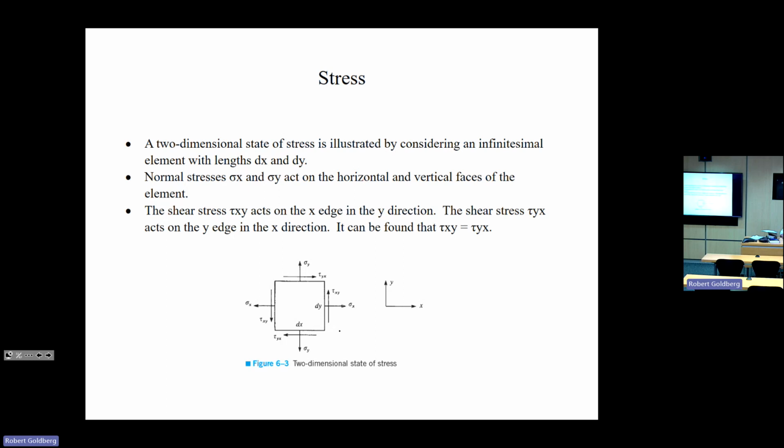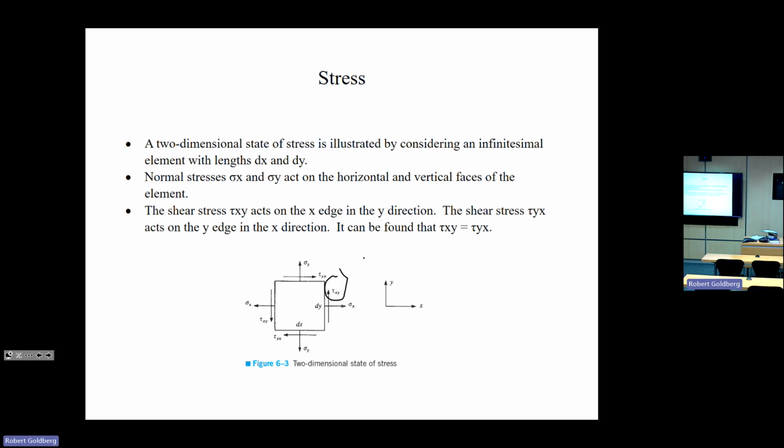So we have tau xy, and usually when we think about shear, particularly in the plane stress case, x, the first subscript, represents the plane that the face is perpendicular to, and y represents the direction in which the shear force acts. So tau xy, as shown here, means that it's acting on the face perpendicular to the x-axis, but it's acting in the y direction.